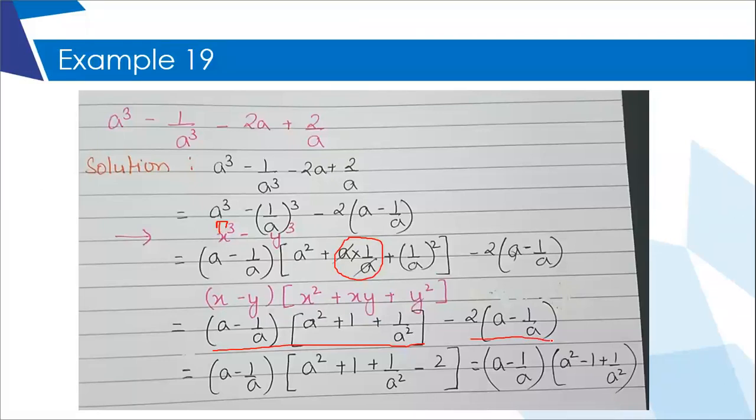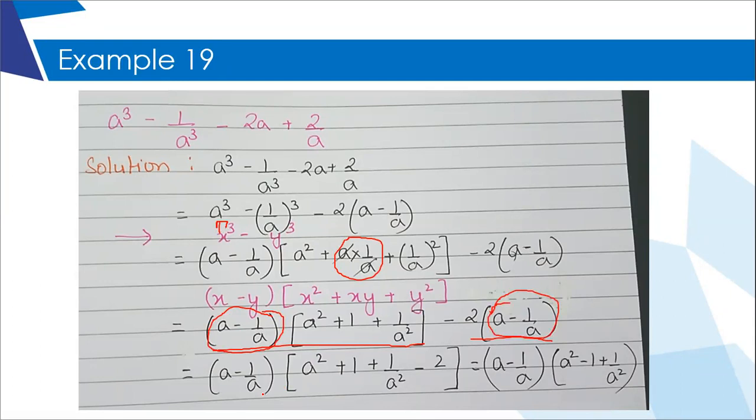This is your second term, 2 getting multiplied with bracket. So again, this complete thing is the second term. So from the first term and second term, I have taken this complete bracket common. A minus 1 upon a is present over here also, and it is present here also. Both the terms it is present. So I have taken that common.